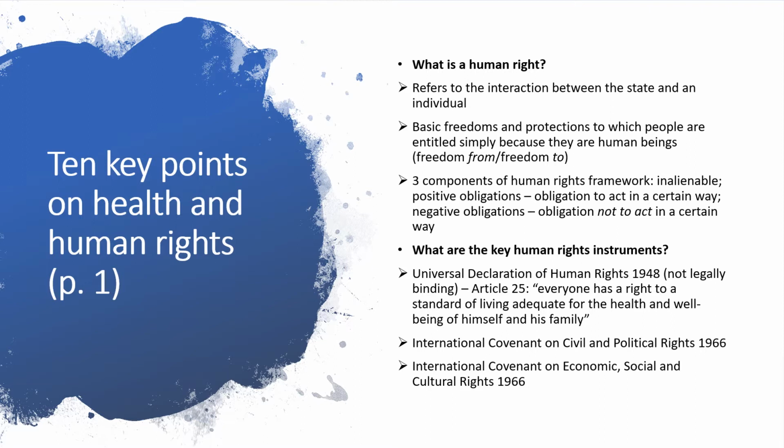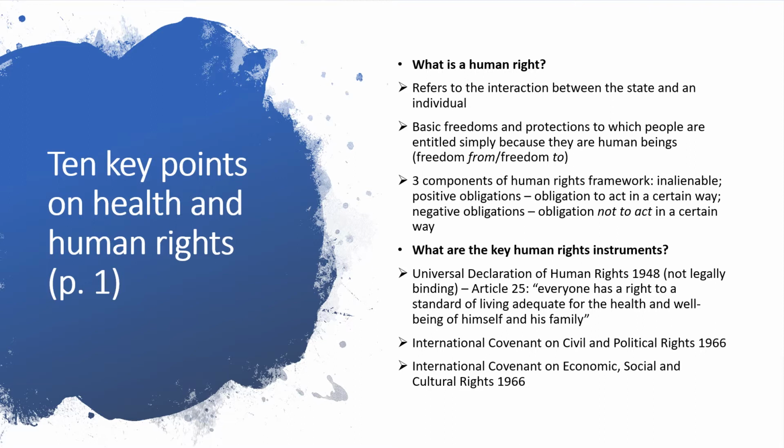You have a right to freedom from something, like freedom from torture or arbitrary detention, and then you have rights that involve freedom to something, like freedom to have free speech or to choose whatever religion you like. And basically there's considered to be three components of human rights frameworks.